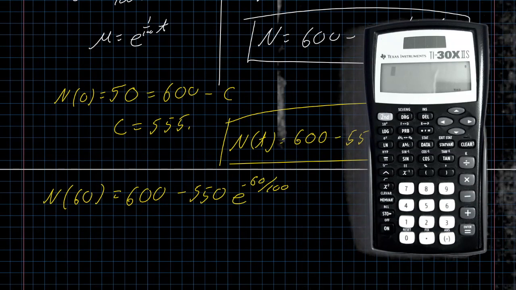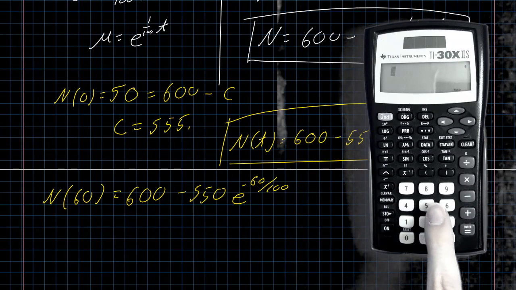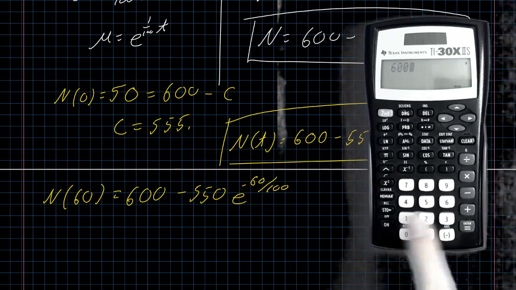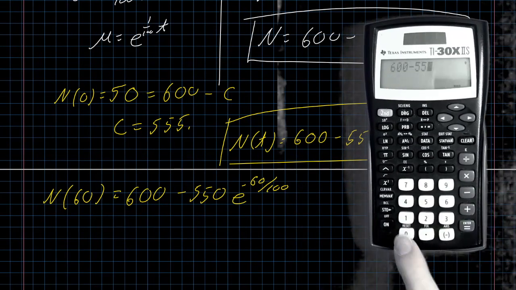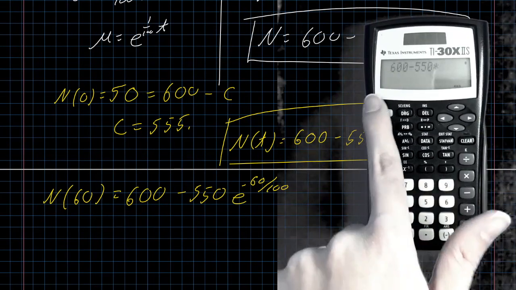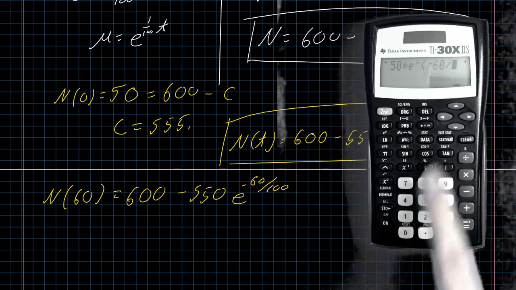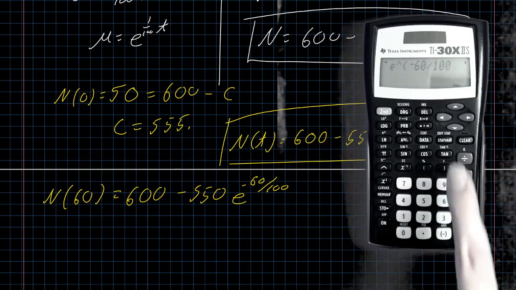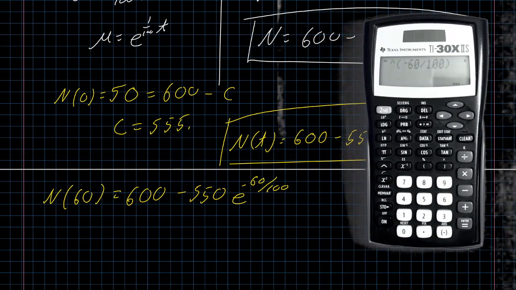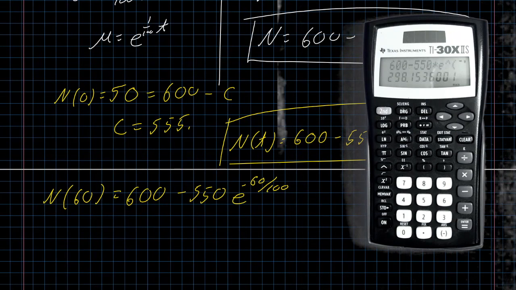So let's pop over here. One of the few times I'm actually going to use a calculator in this course. Let's plug that expression in, and my calculator tells me 298.15, etc. Probably 298 is good enough.